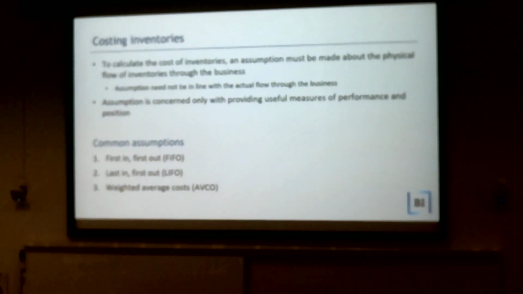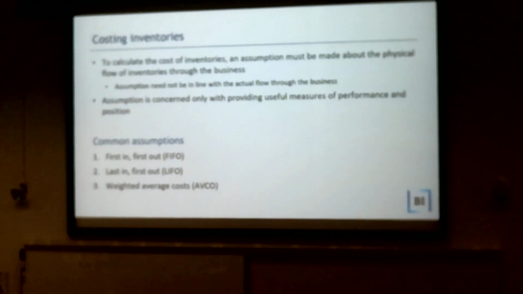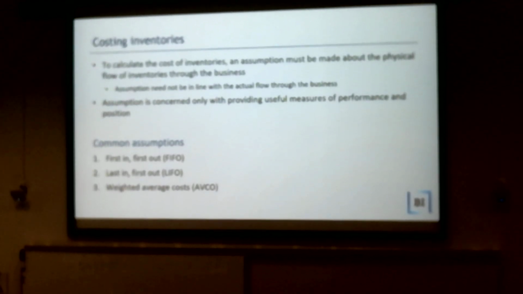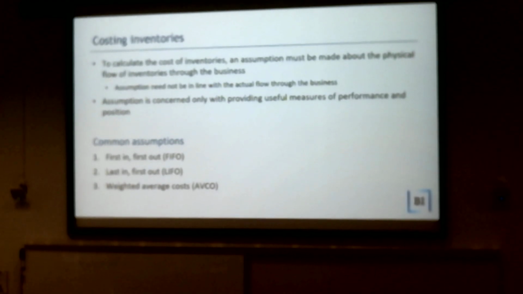So far in the exercises it was easy, and basically the costs of inventories were given to you. I mean, if you think about the exercises you have all done, there were transactions where some revenues were generated, some inventories were sold for 1,000 and they did cost 800, right?